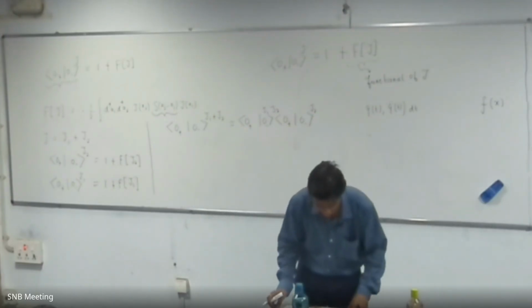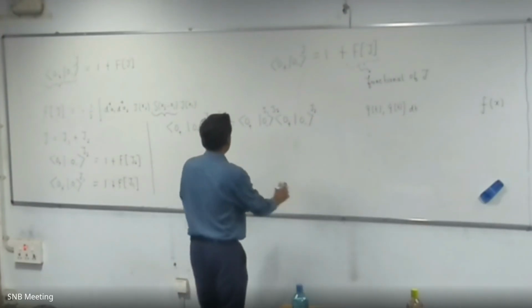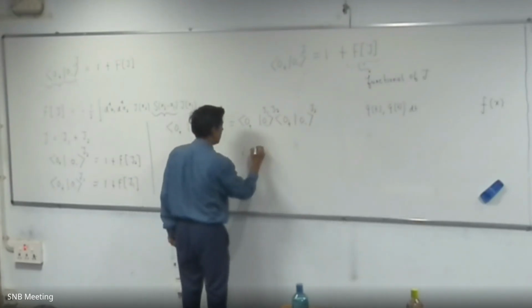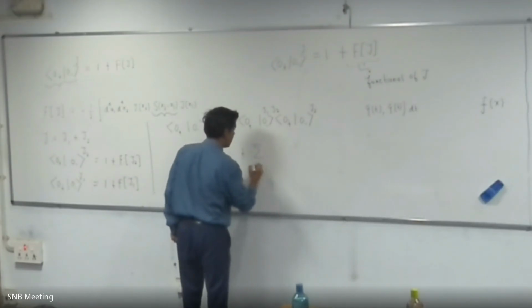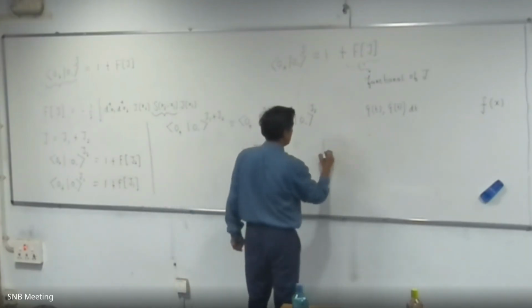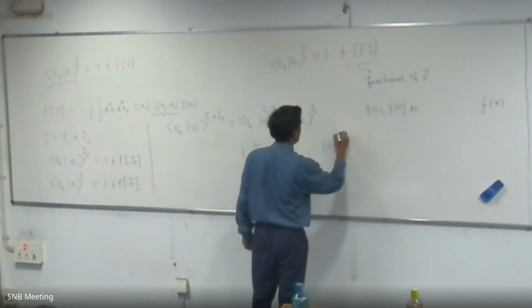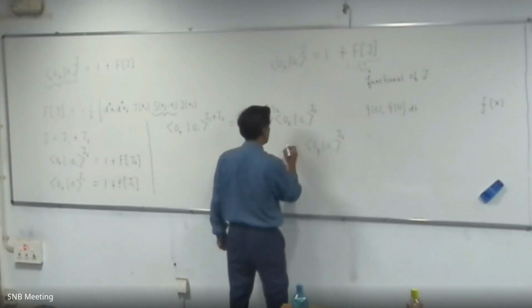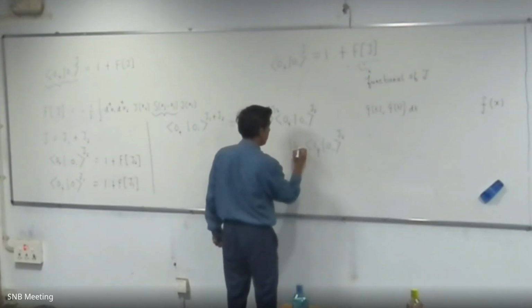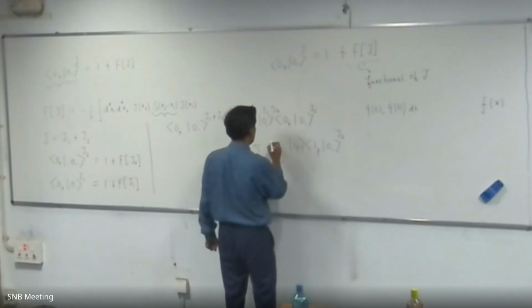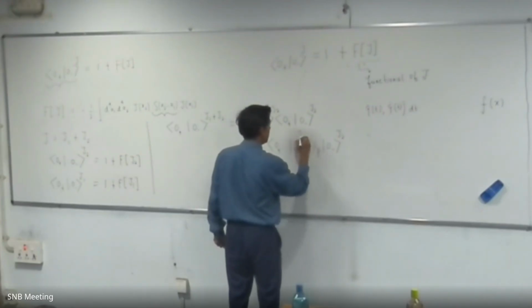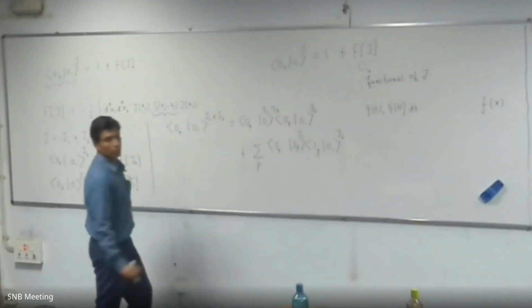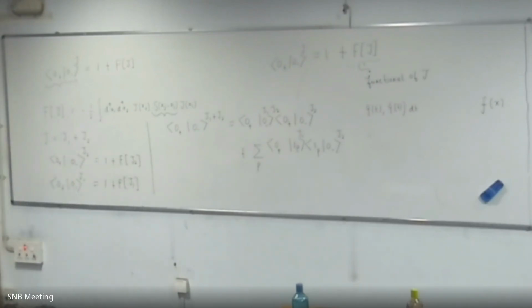This is my first term, and then plus summation over P, 0 minus J2, 1P, 1P, 0 plus J1. Please write it down. I will explain what this means.